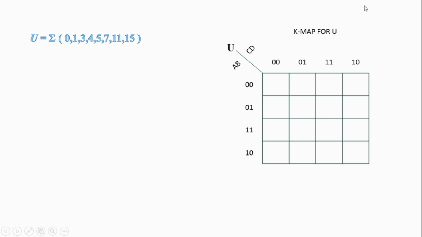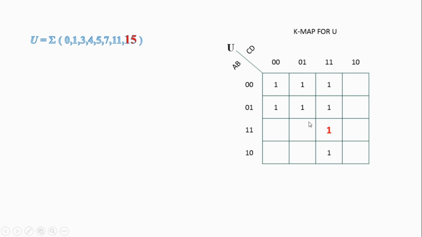So come to the K-map for u. We know the expression, so we have to fill this into the K-map. So 0 here, 1, 3, 4, 5, 7, 11, 15.